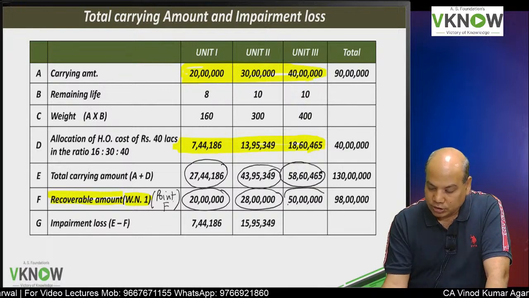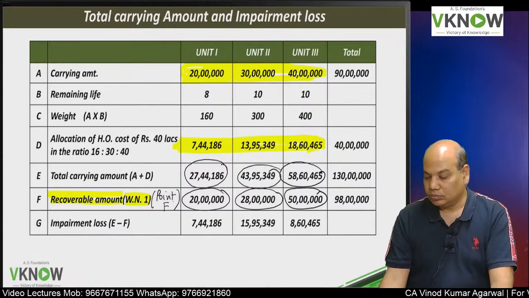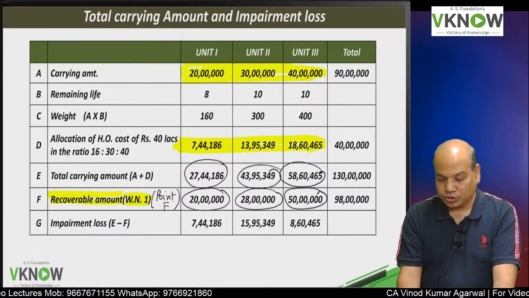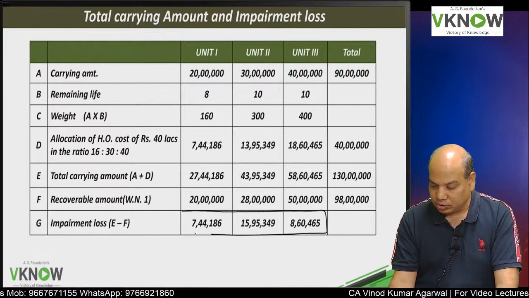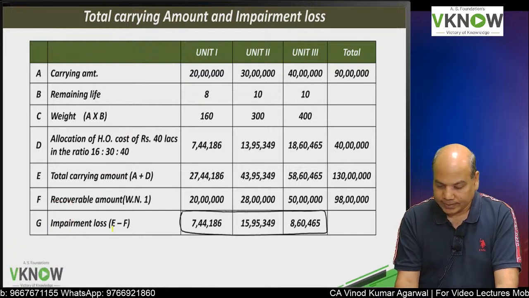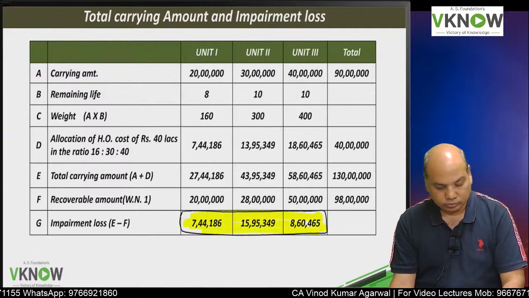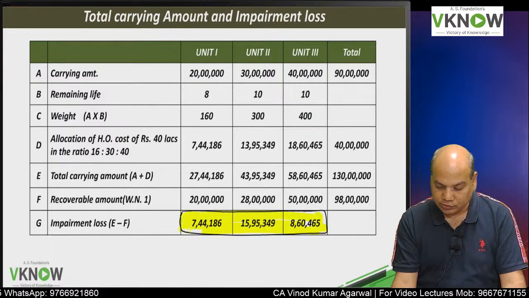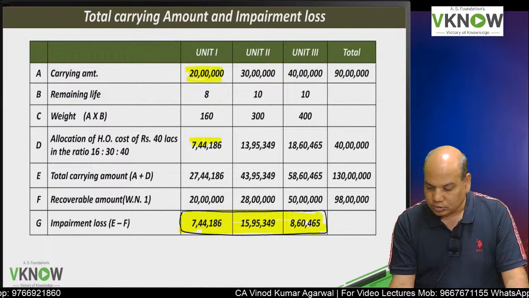Unit 3 there is impairment because carrying amount is more, 8,60,465. These are the total impairment losses, and I am going to allocate them in the ratio of their carrying amount.